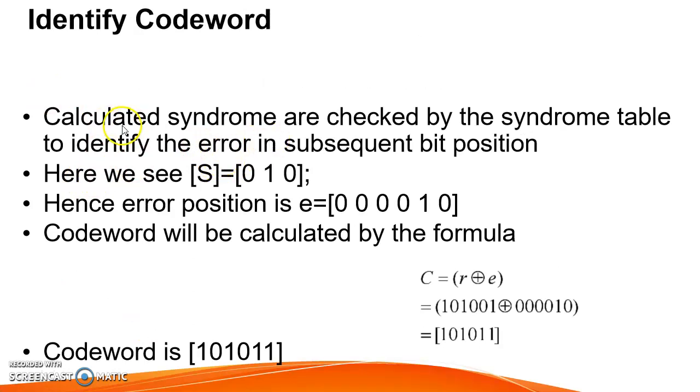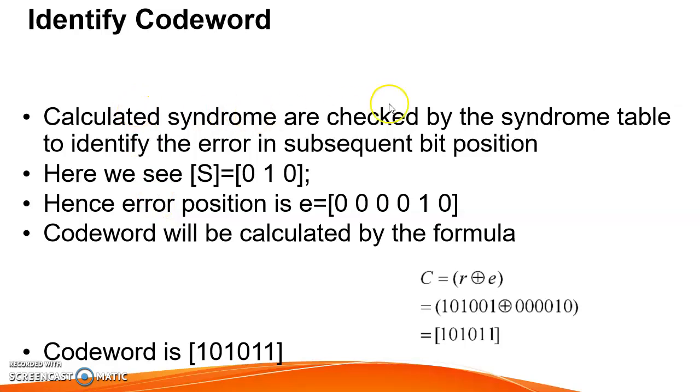That means we add the error sequence to the received sequence, and it is done by modulo 2 addition. The sum of the two vectors will give the original code word.